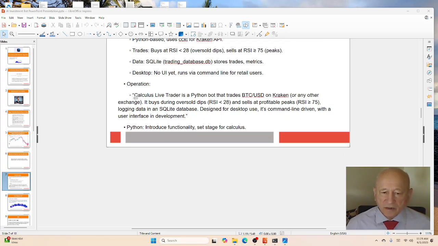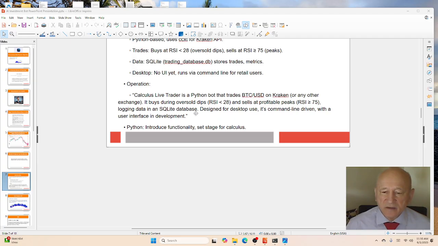The operation involves the Calculus Live Trader, a Python bot that trades BTC USD on Kraken or any other exchange. You can also use ticker symbols to trade stocks and other investment instruments. It buys during oversold dips lower than RSI 25 and sells at profitable peaks at RSI greater than or equal to 75, logging data in an SQLite database.